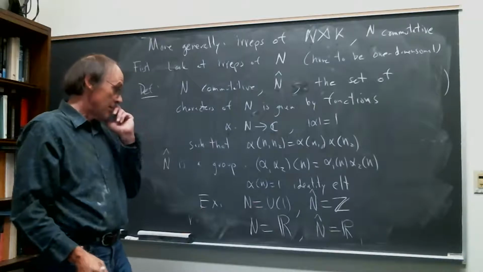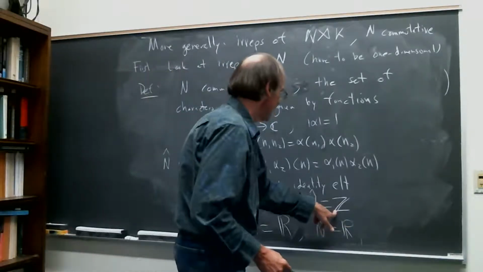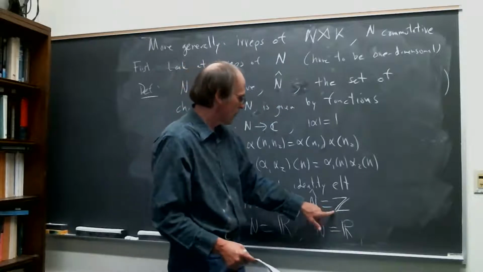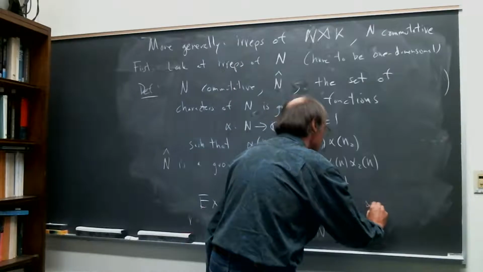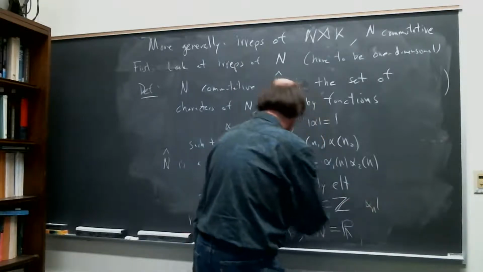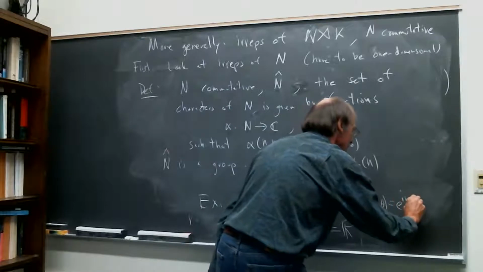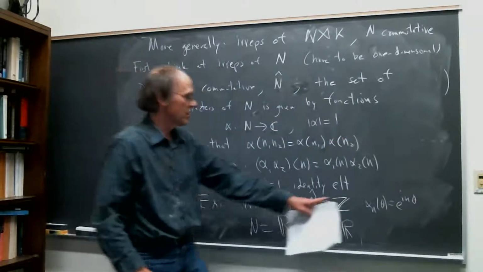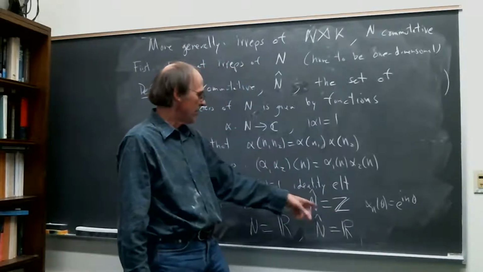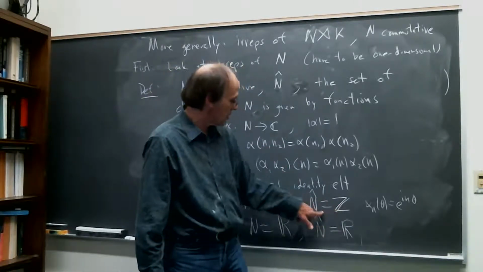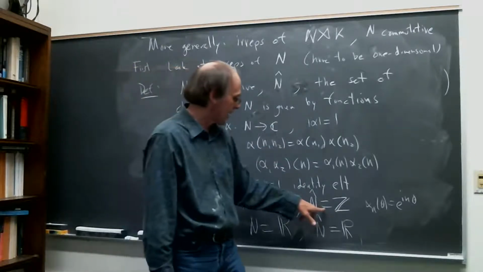Okay, and so maybe the examples here are these functions labeled by Z, and remember here we had alpha sub n of theta is e to the i n theta. There's an integer characterizing these.